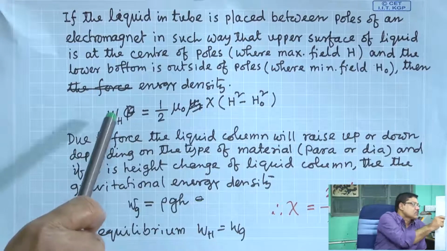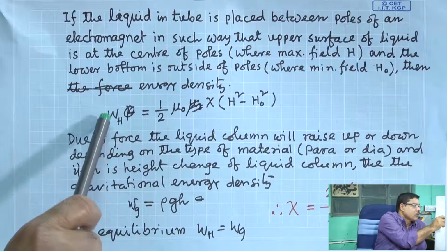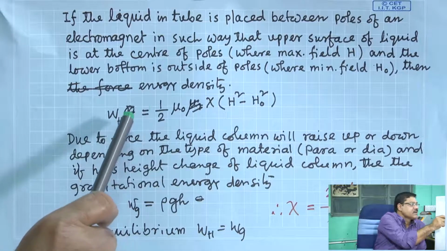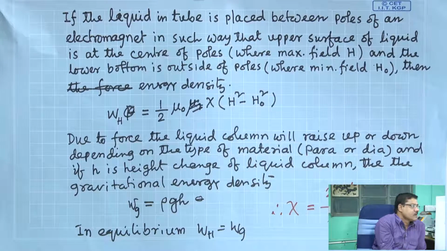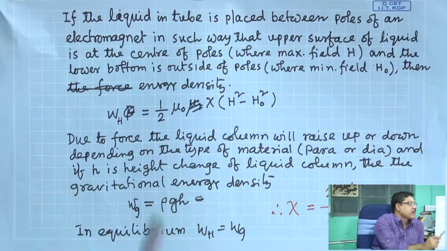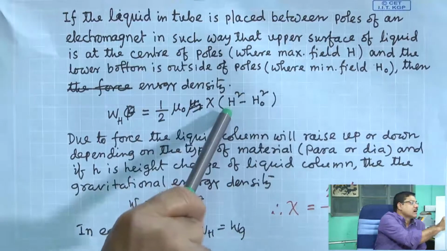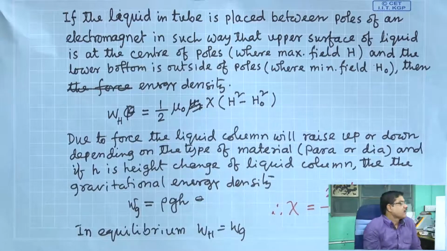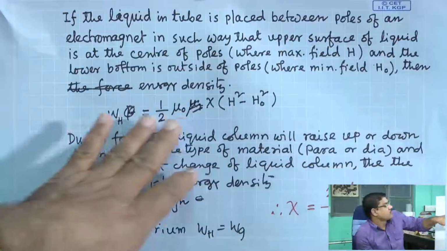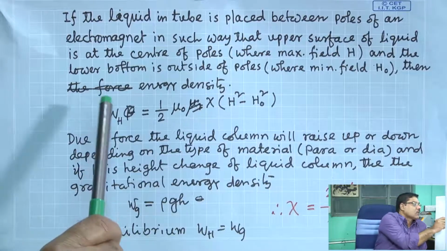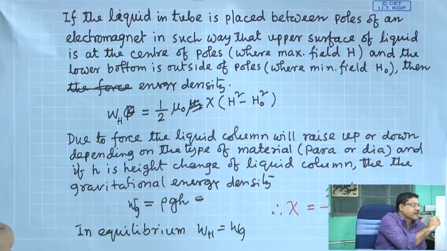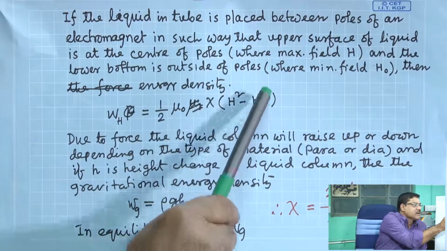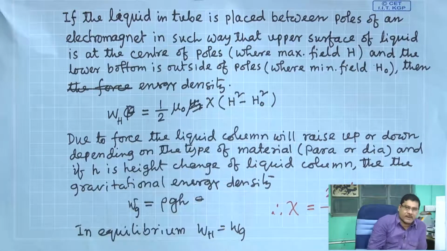Then the energy density, say WH, due to the magnetic force, is half mu 0 chi H square, as I told you, so H square minus H 0 square.